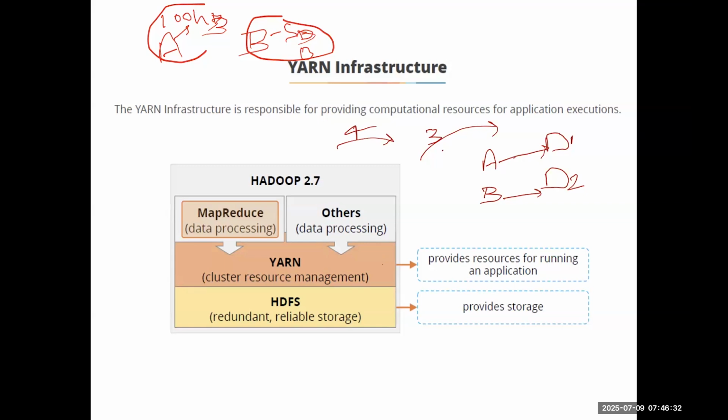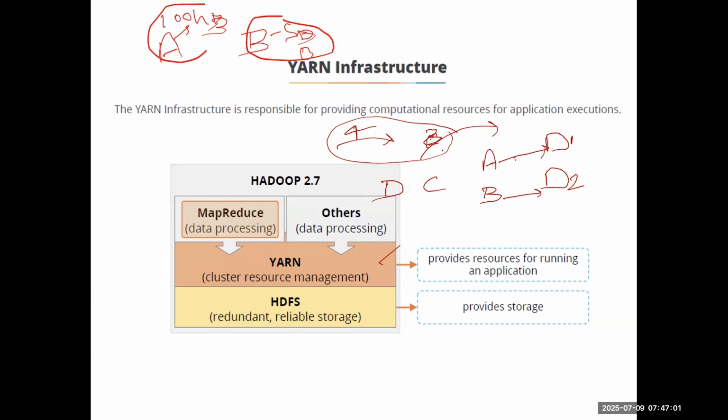So YARN will keep check of those things: A and B are running, there is no resource available, so let's just keep the three and four jobs in the queue. Let's make it C and D. We have two jobs, C and D. Jobs A and B are running on servers one and two, and they are occupied.